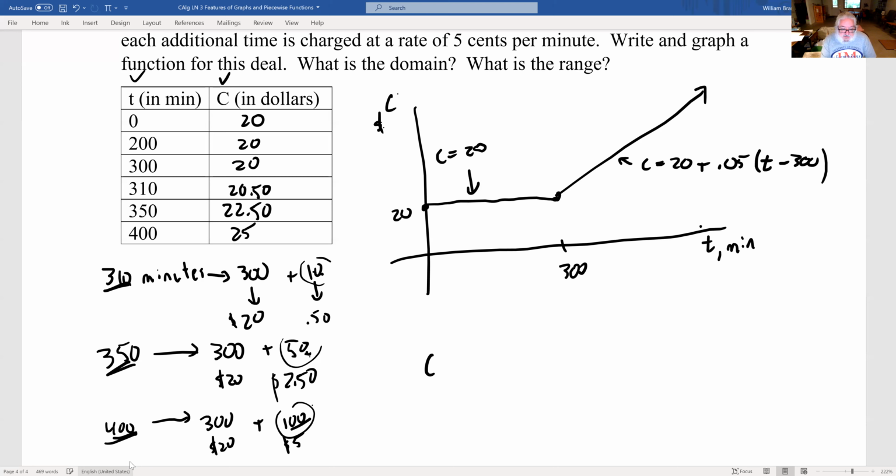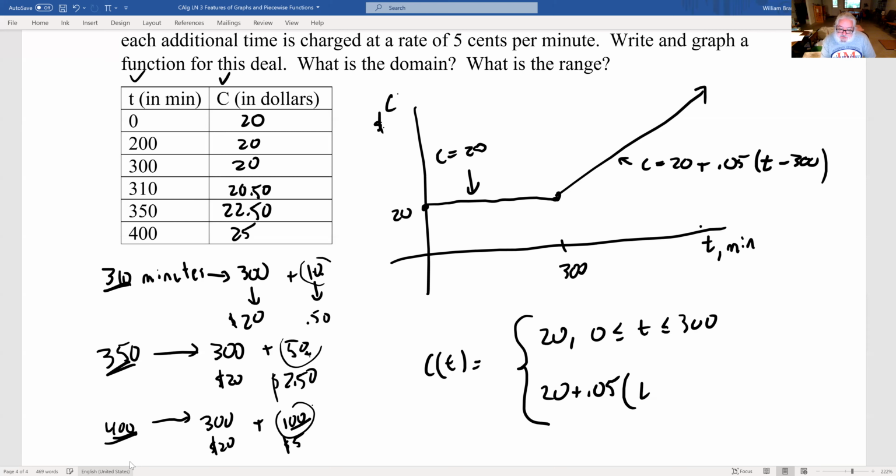So what's my cost function actually written as? You pay $20 up to 300 minutes, and then you pay 20 plus 0.05 times (t minus 300) for any time over 300 minutes. So what's the domain?